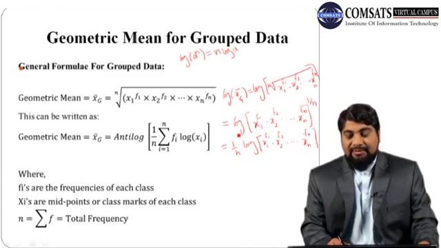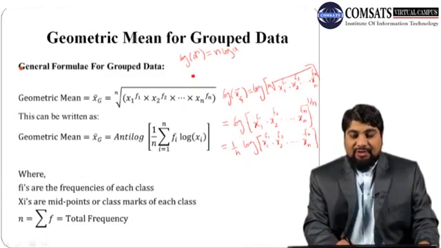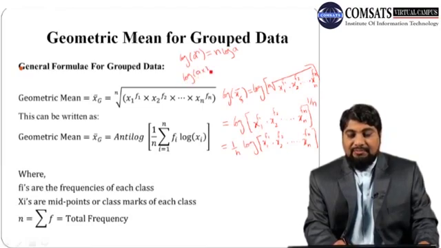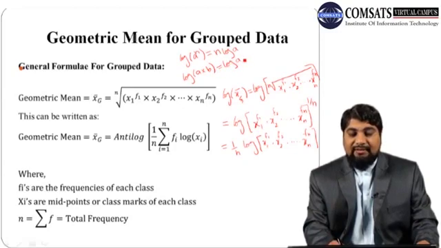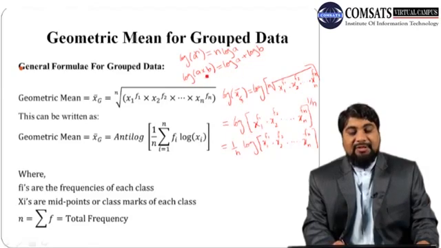So in next step we have to use one more rule, that is log of product of two numbers. We have two numbers a and b, and we are interested in finding the log of this product a b. So according to rule of logarithm, we can write it as log of first number, and then we put plus sign, and then log of second number. So in case of multiplication, we write log of first number plus log of second number.